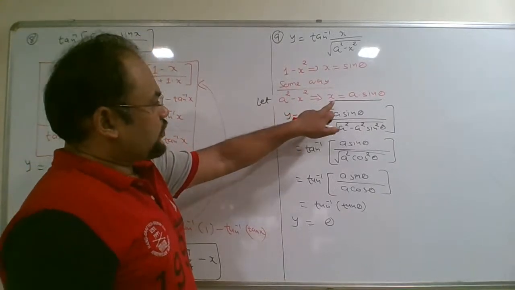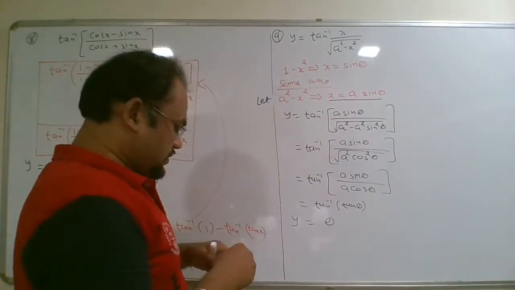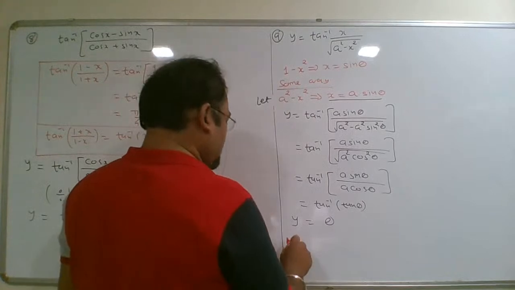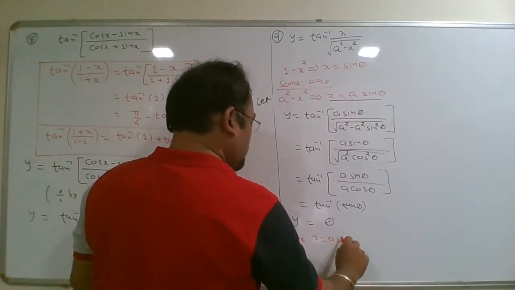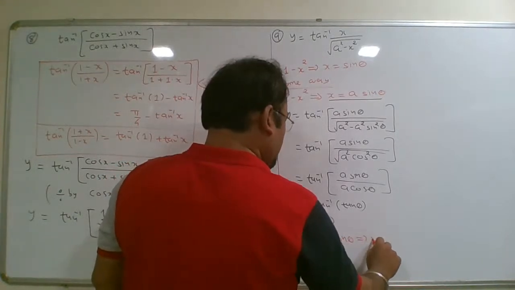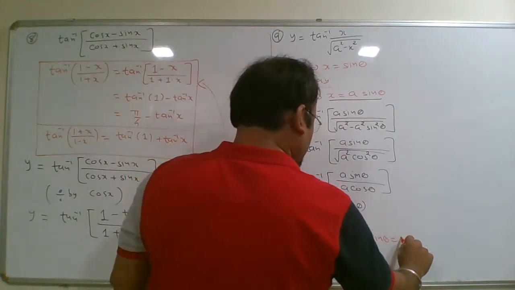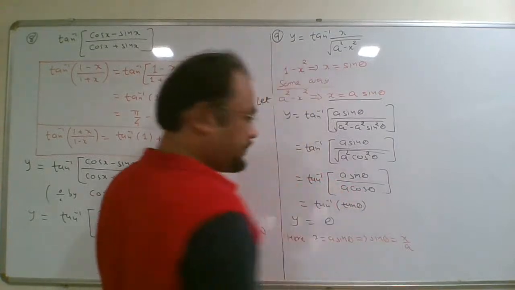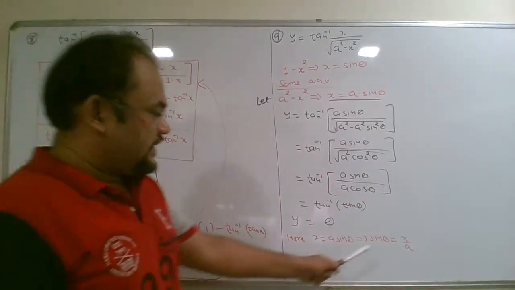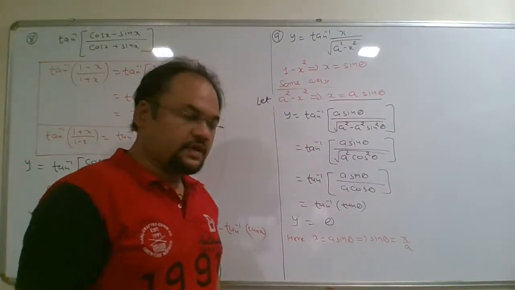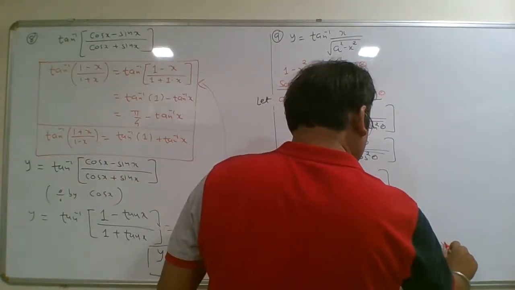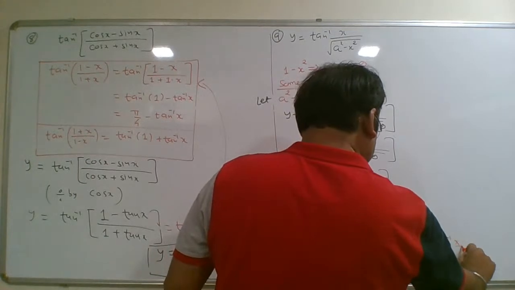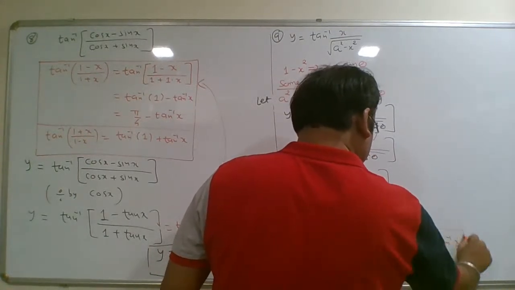Here we have supposed x equal to a sine theta. Therefore sine theta equals x by a, so theta equals sine inverse x by a.